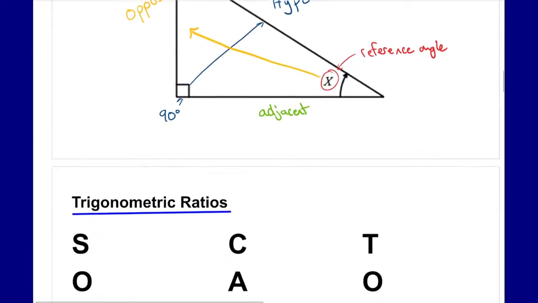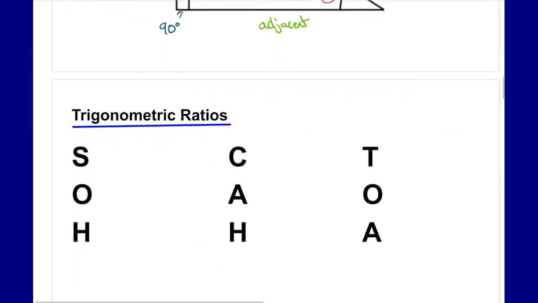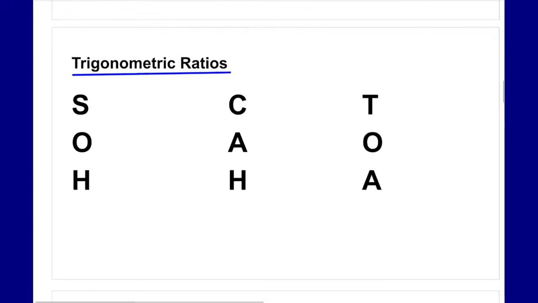Now, we need to make sure that we know how to label those sides when we're dealing with the trigonometric ratios. If you don't remember what those are, hopefully SOHCAHTOA rings a bell. That is basically referring to the different trigonometric ratios and the sides that we're using when trying to determine them.